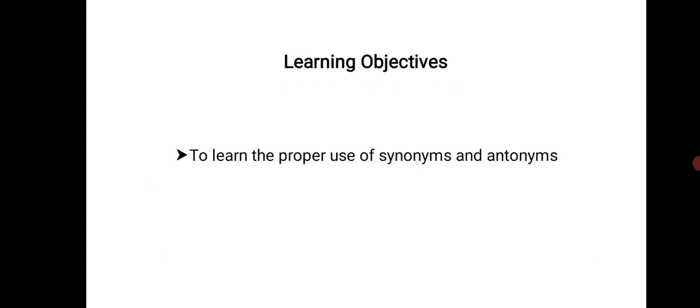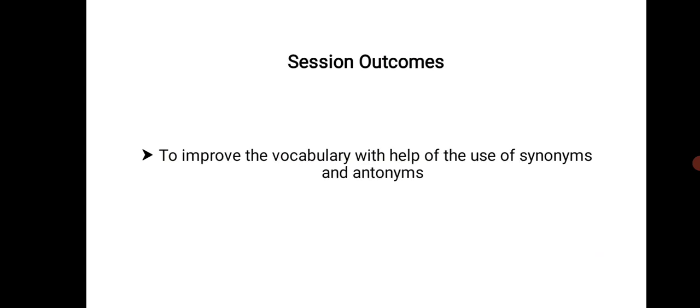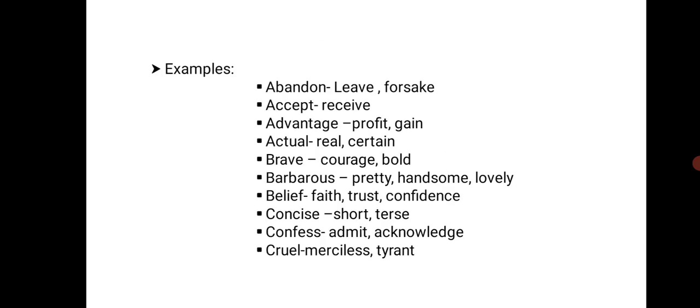So synonyms and antonyms are nothing but giving a similar or near word to the word which is given to you, and an antonym is nothing but giving the opposite word for it.